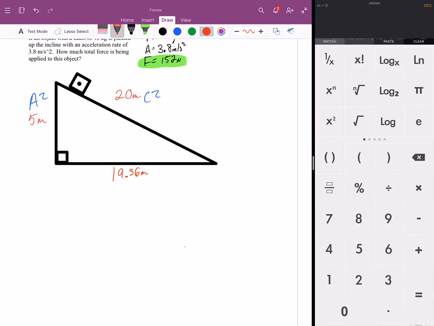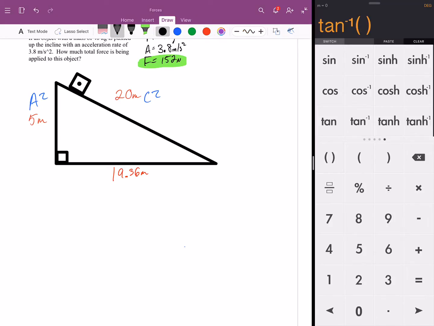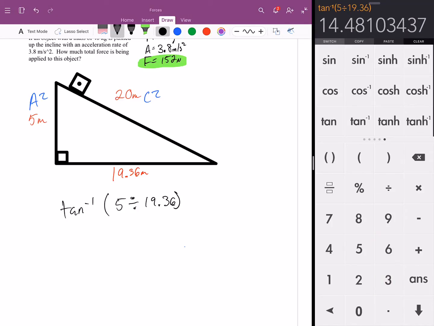Now we can solve for the incline. You're going to have the inverse tangent of y, which is 5, divided by x, 19.36. So you have an angle of 14.48 degrees. So label this on the diagram.